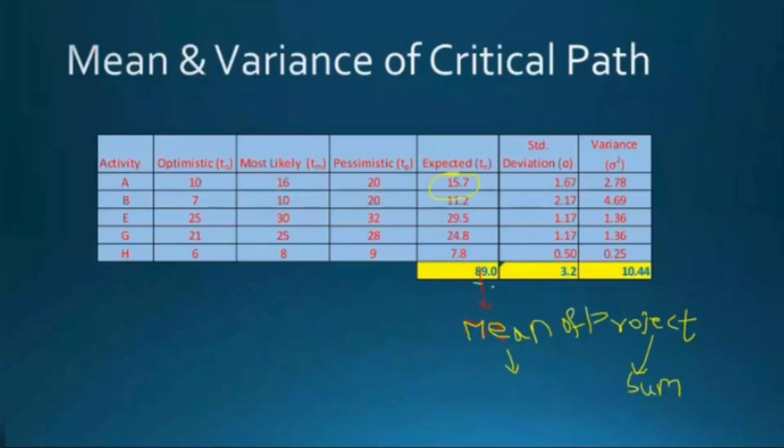Correct? That is the mean of the project. So the mean of the sum is the sum of the means of individual activities.